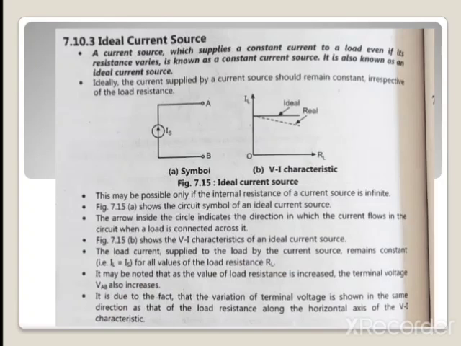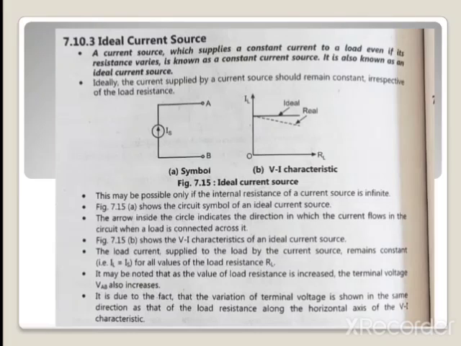Then next, here the point is the ideal current source. A current source which supplies a constant current to a load even if the resistance varies. Okay, even if the resistance varies, the source supplies constant current.